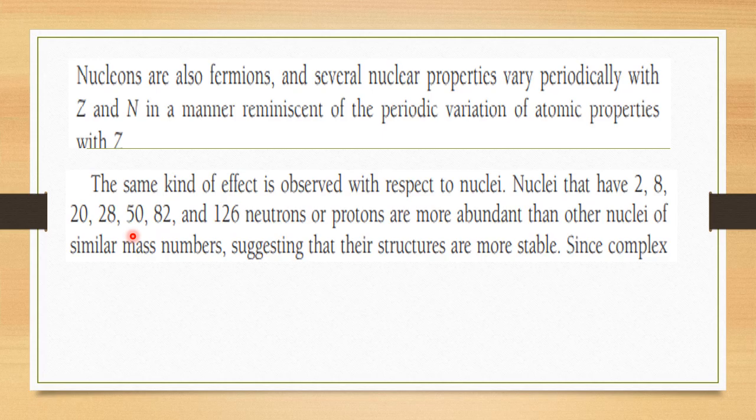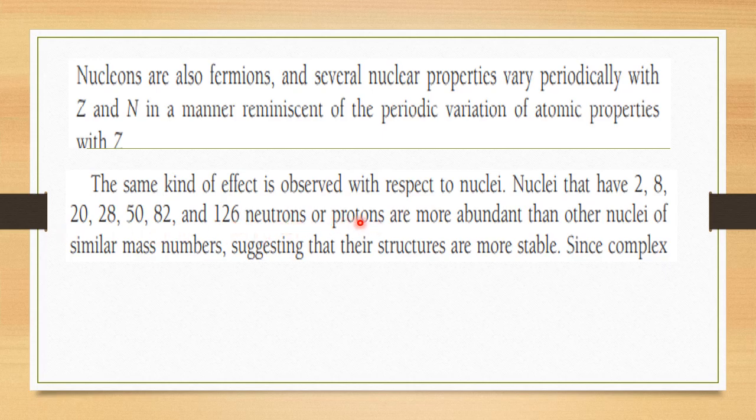So they interact less, there is no interaction between them, and they are highly stable. Such an effect is observed with respect to nuclei also: nuclei that have 2, 8, 20, 28, 50, 82 and 126 neutrons or protons.